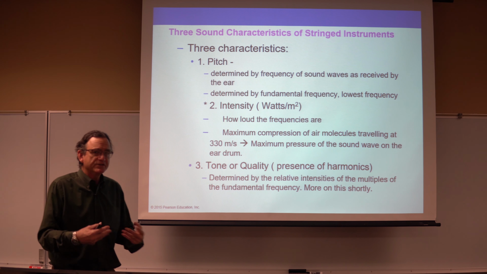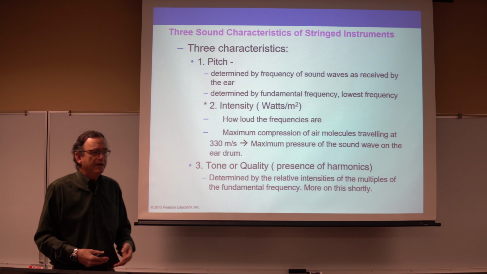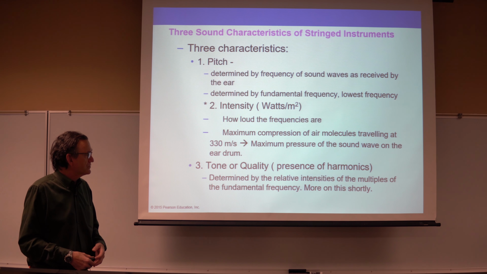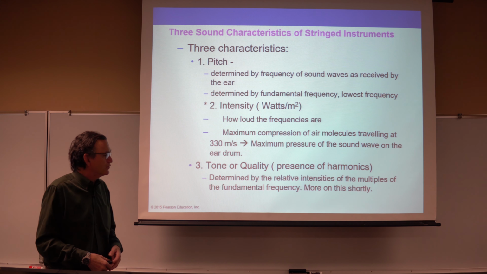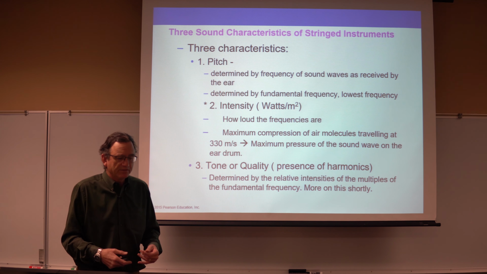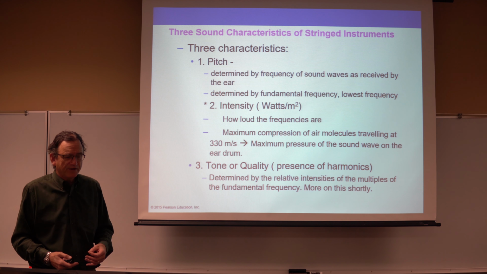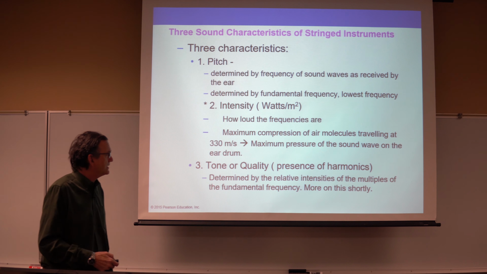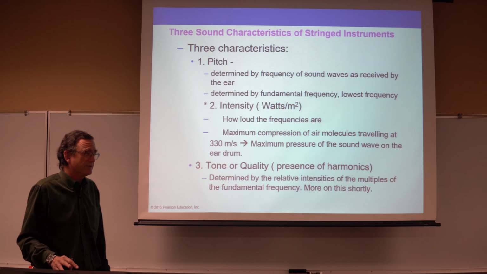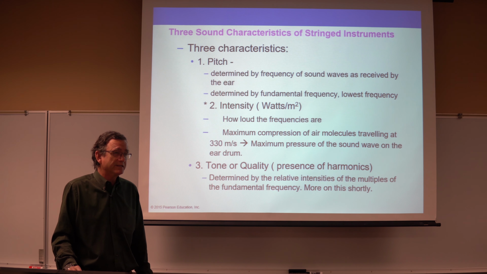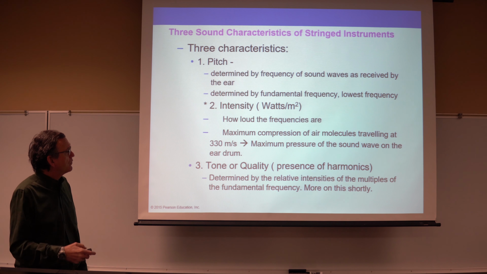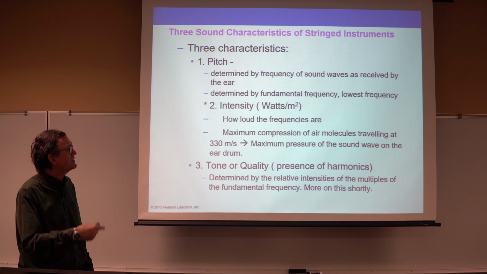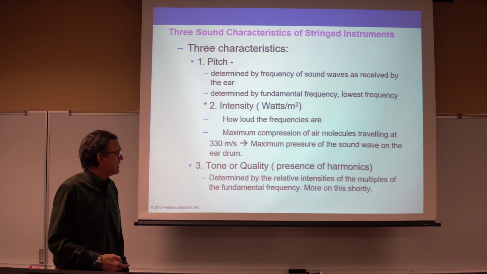So for example, the key of C on the piano, the middle C, might be 261 hertz, but there will also be multiples of that present. So let's see, if I double 260, I will get about 520 hertz.